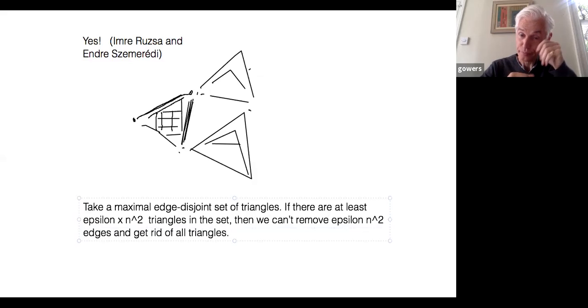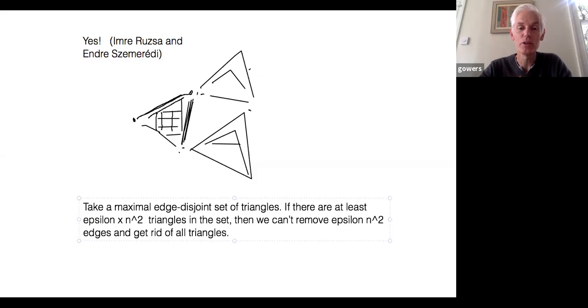So supposing the maximal edge disjoint set of triangles, supposing there are m triangles, and I just remove all those triangles, then there'll be no triangles left, because if there was a triangle left, it would have to share an edge with one of the original triangles that I've just removed, and those formed a maximal set of edge disjoint triangles, because that was a maximal disjoint set.